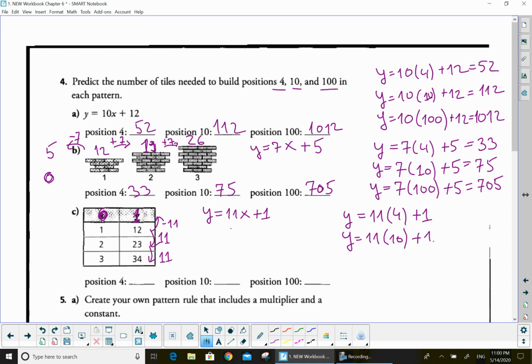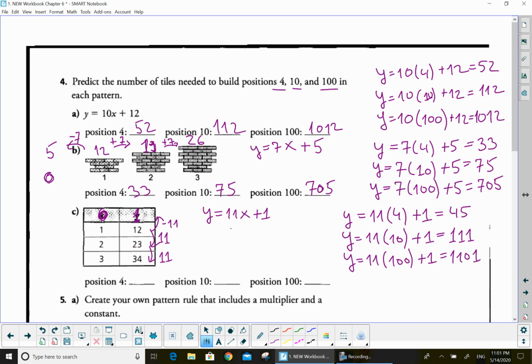Substitute, so y equals 11 times 4 plus 1, 11 times 10 plus 1, and 11 times 100 plus 1. There we go.